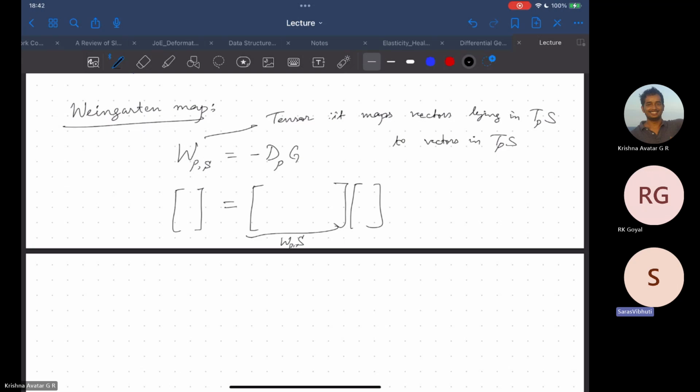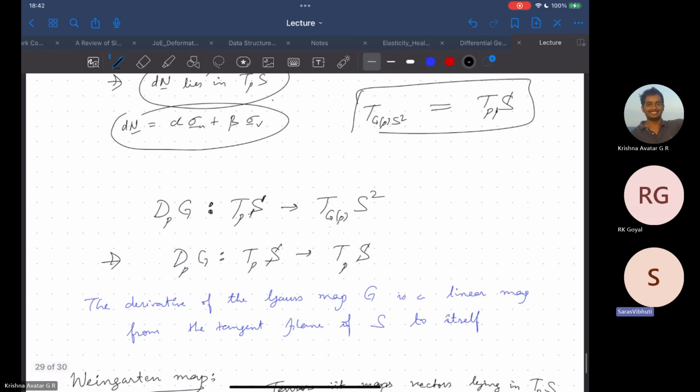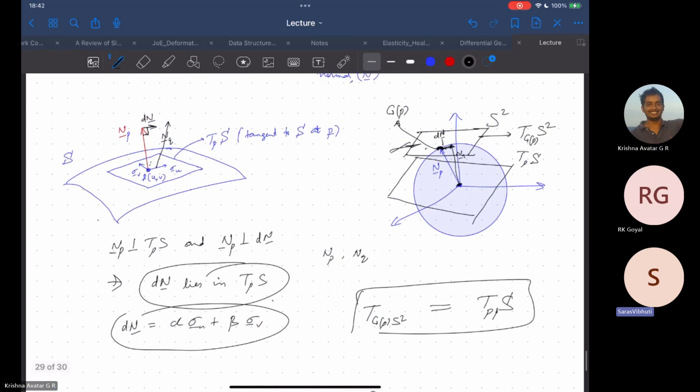Like, I have one doubt. In that above figure, the sphere, the Gauss mapping of point P, the differential of the derivative of that normal, dN, is lying in that plane, and then there is T_P S, which is not a point, it's a tangent plane.